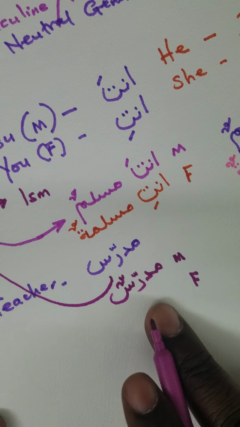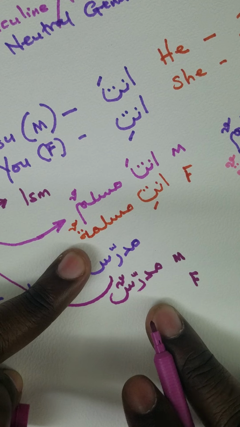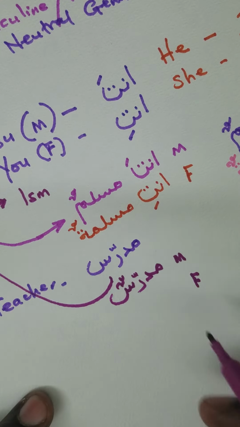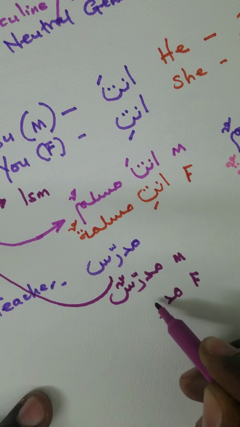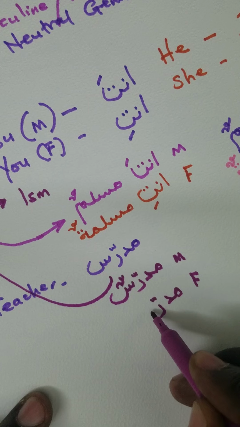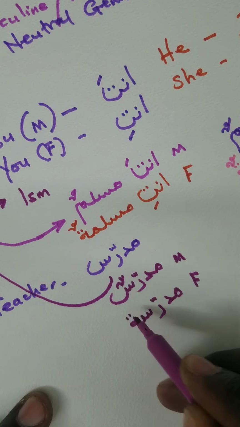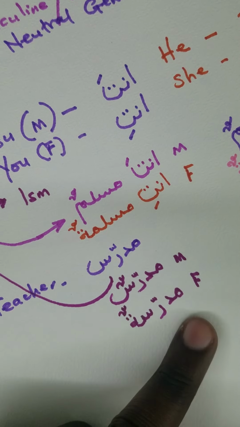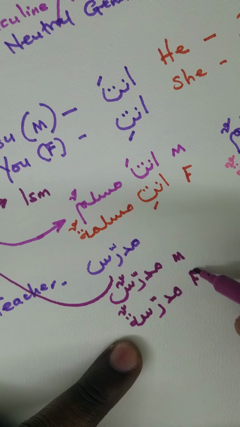I want you now to test your prowess using this same example of "Muslimatun." So you will read it: "Mudarrisatun." You understand? Now this is female.